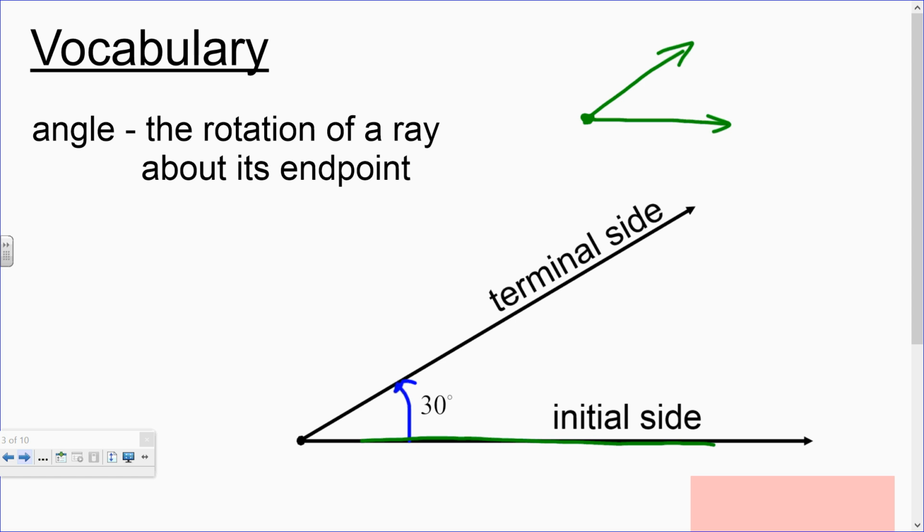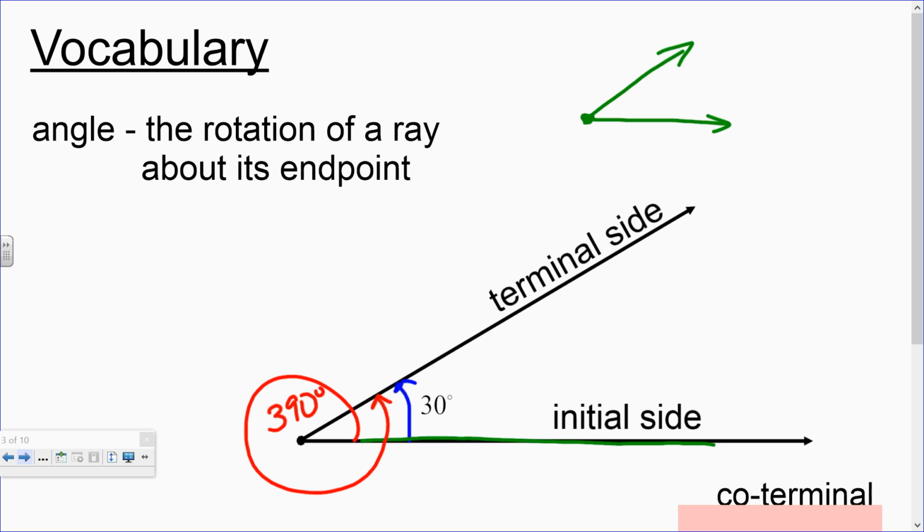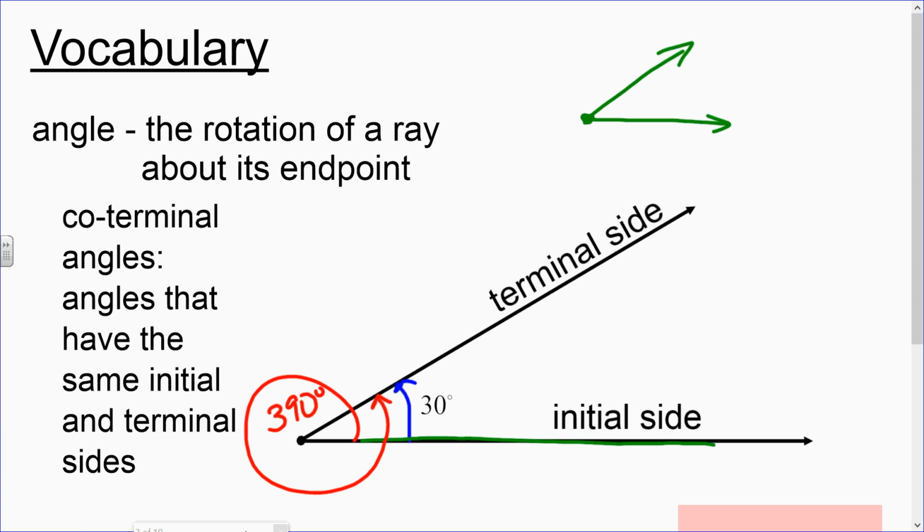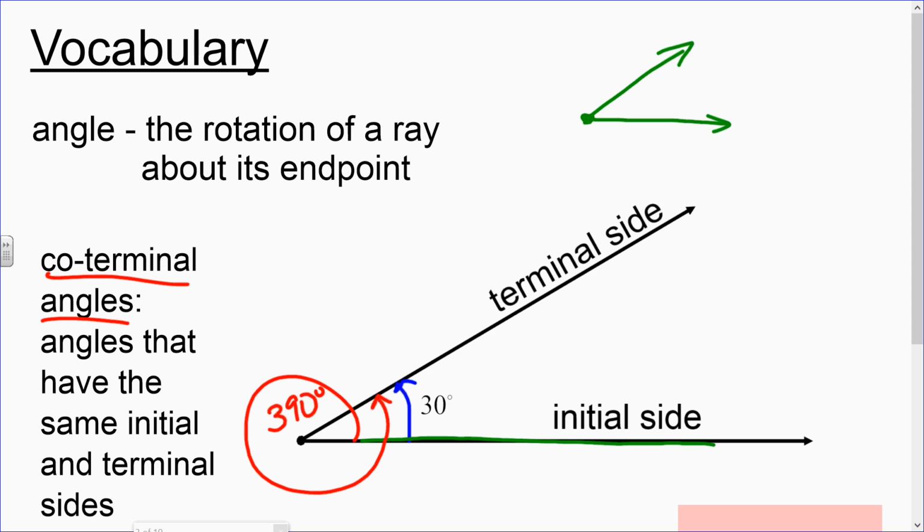We also could end up at that same 30-degree spot if we went around 360 degrees and 30 more. We would still end up with this same terminal side when we went to 390 degrees. We could keep going more and more as many times as we could possibly imagine, each time coming up with what we call coterminal angles. And those are just angles that start in the same place, end in the same place.